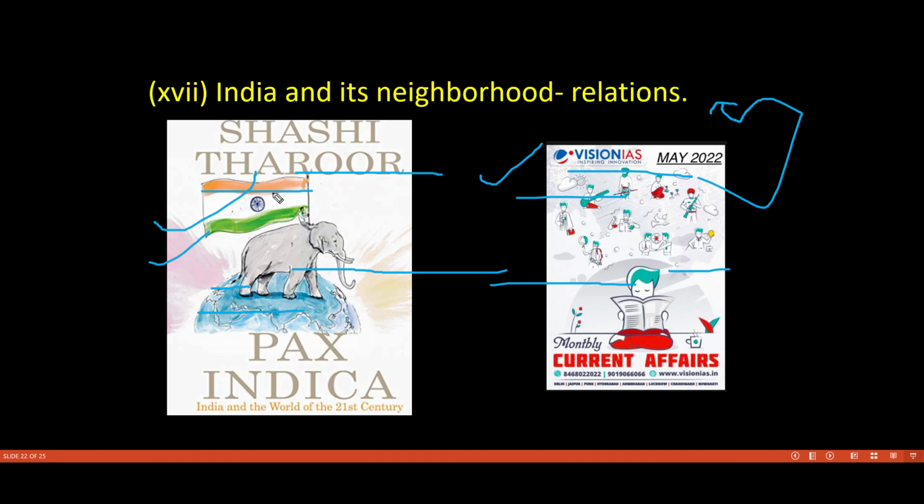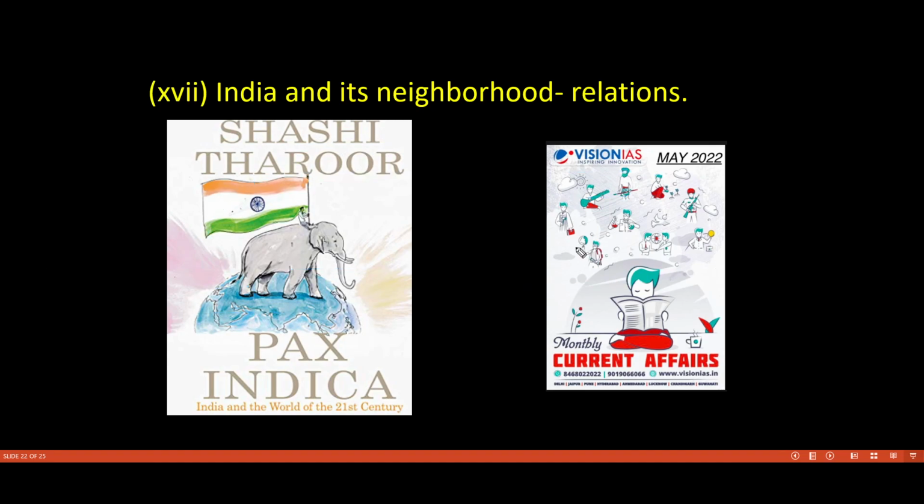Over the years, Mains 365 summarizes the timeline and chronicles of the relationship between India and Bangladesh, India and Pakistan very nicely. Because when you are writing the introduction, whatever you know historically about that topic, you can write it there. All right, so this is how you manage your answers.